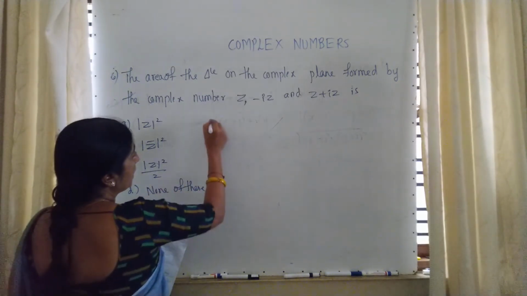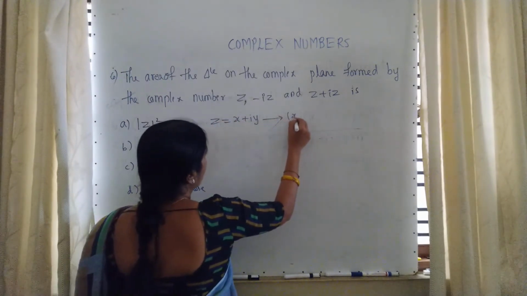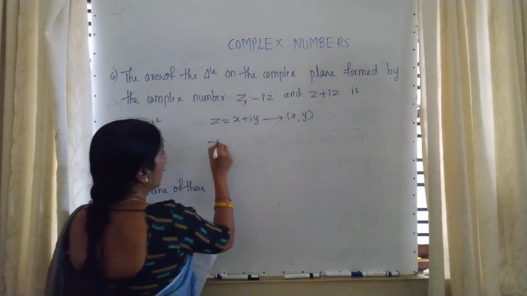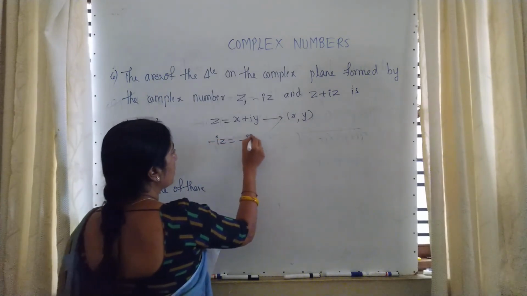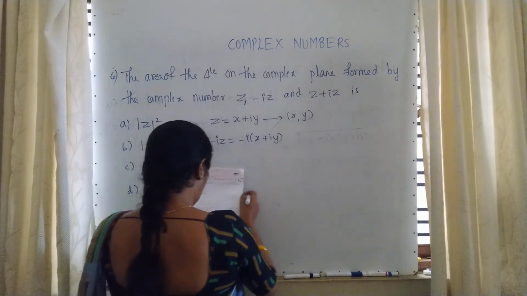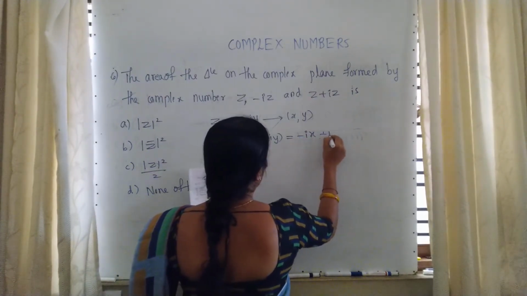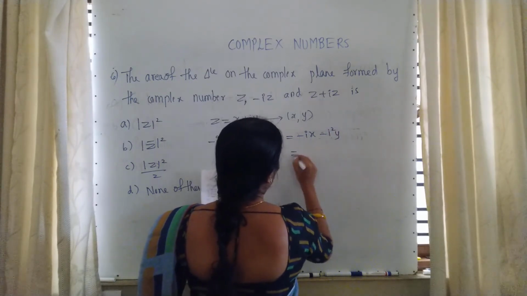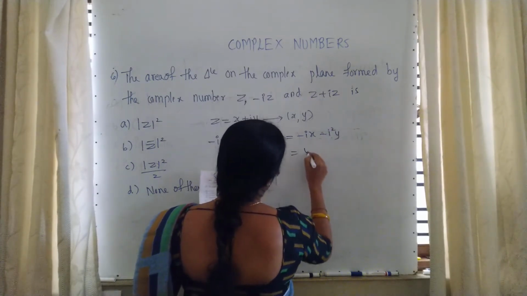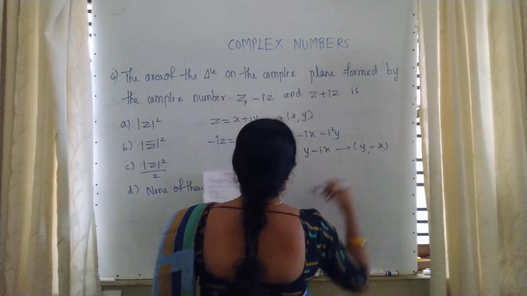See here, z is nothing but x plus iy. In the form of a point it is (x, y). Minus iz will be minus i times (x plus iy), and after simplification you will get minus ix minus i square y. So i square is minus 1, minus into minus is plus. The point is (y, minus x).